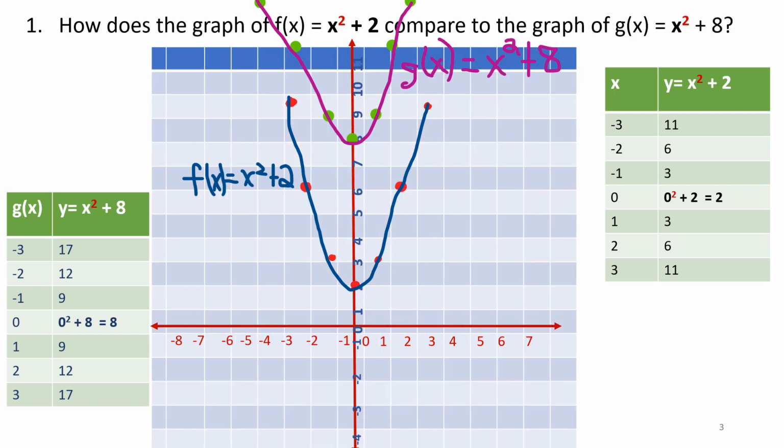Now let's go over and look at the second graph. Now when we go and graph the second graph, which is over here, you have y equals x squared plus 8.